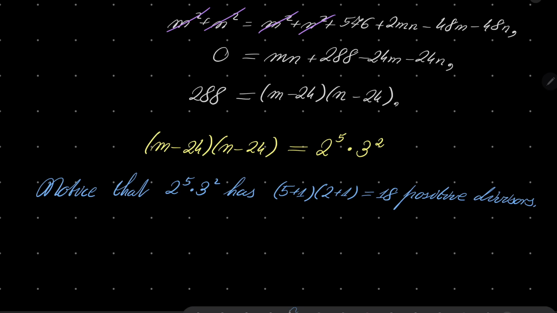Well, if we have a prime factor decomposition of a number, every positive divisor is composed of the same primes, but with different exponents. So for example, when constructing a positive divisor, I can take 2 with what power? Well, with power of 0, 1, 2, 3, 4, or 5. 6 options. And I can also have number 3 with exponents of 0, 1, or 2. 3 options. So 18 options in total.